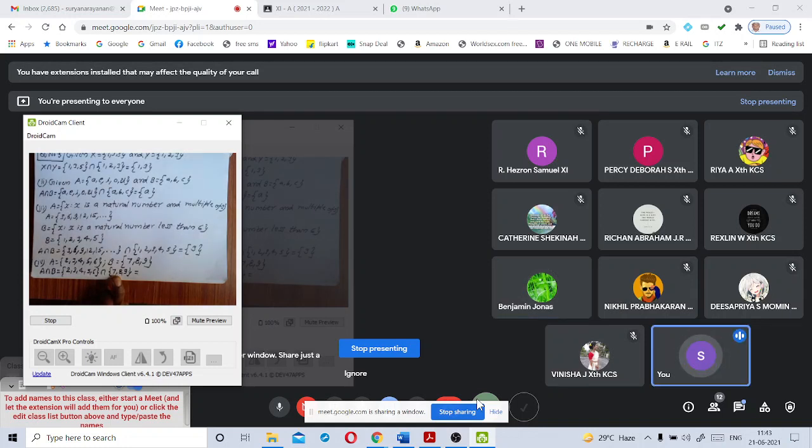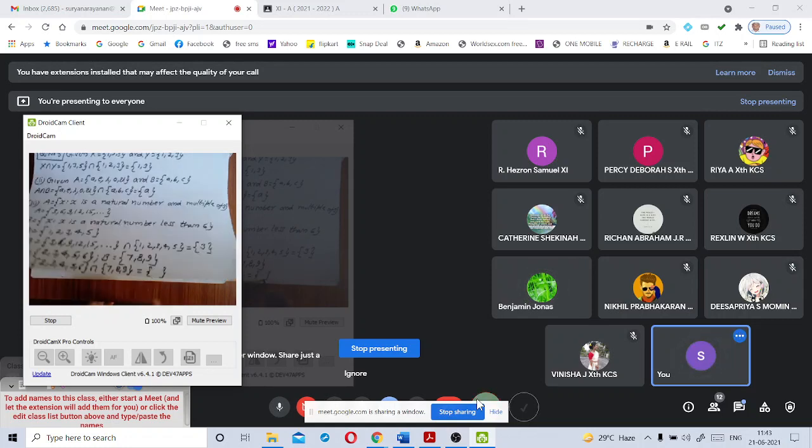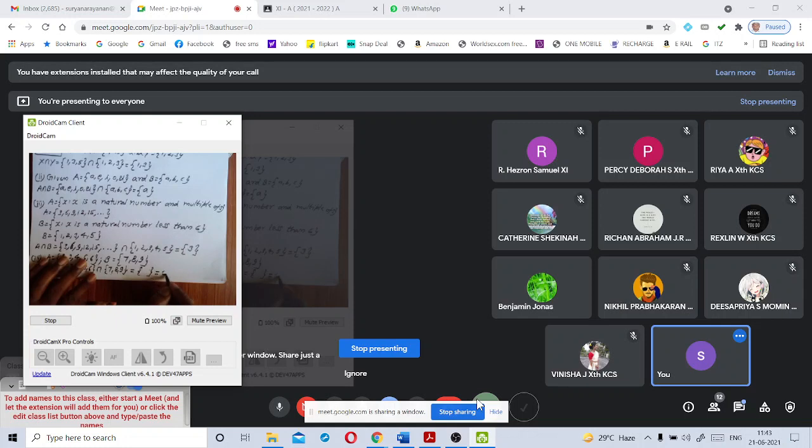No elements are in common, which means the empty set. We can denote it by the symbol phi. We can write it as set brackets with no element, or directly with this symbol. It also denotes the empty set, null set, or void set. Do you remember these terms, my dear children?